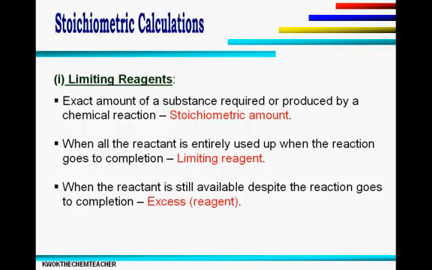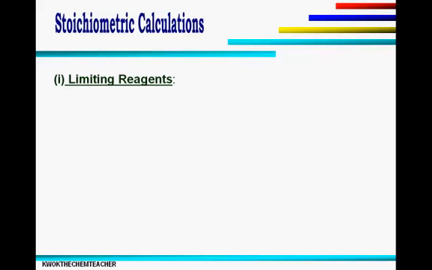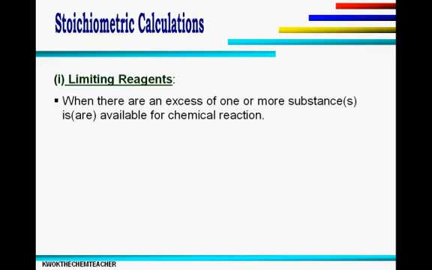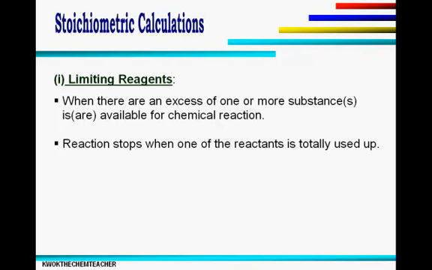However, when the reactant is still available despite the reaction having been completed, this refers to an excess reagent. Now, what you need to take note about limiting reagents include: when there is more than one substance available for the chemical reaction, the reaction will stop when one of the reactants is totally used up.